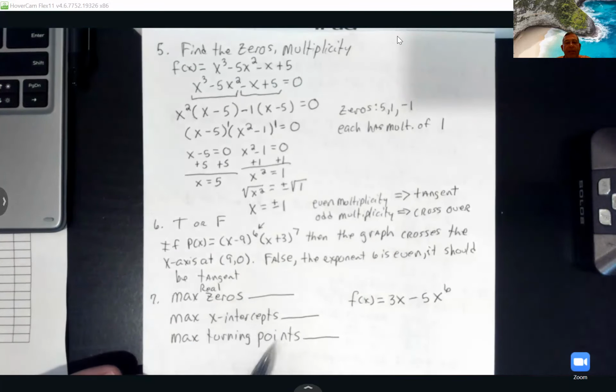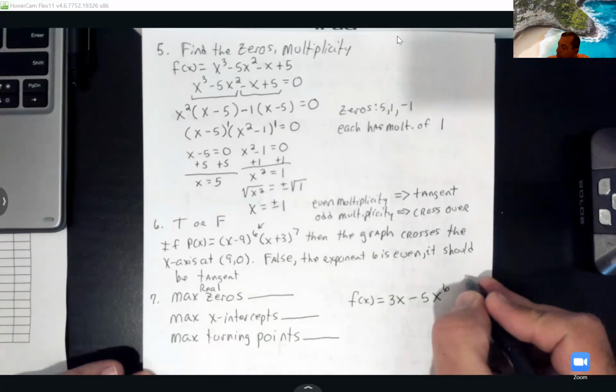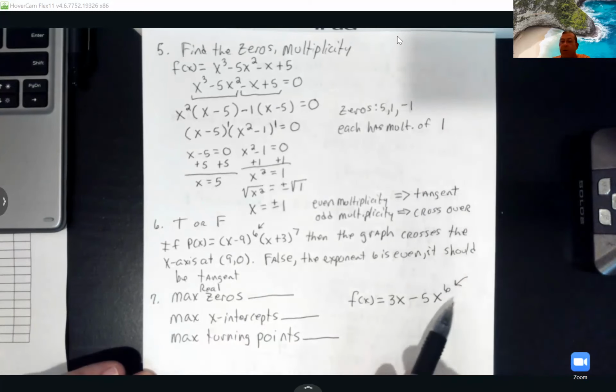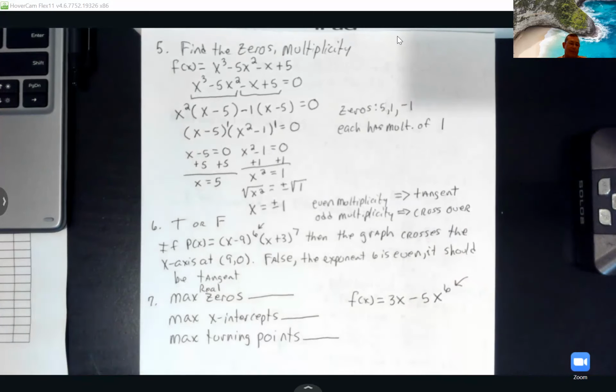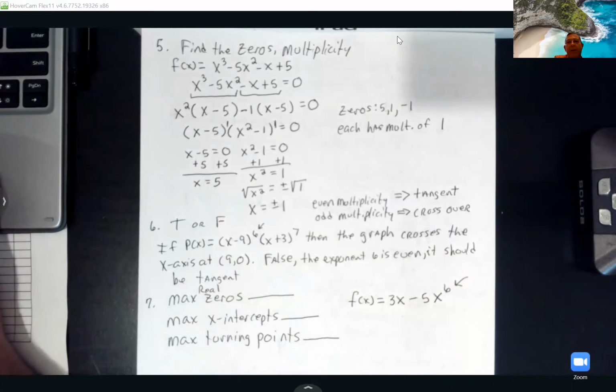So these three answers depended on the degree of the polynomial. And y'all, our degree is a 6. So the maximum real zeros, y'all, what is that answer? See if y'all remember these.